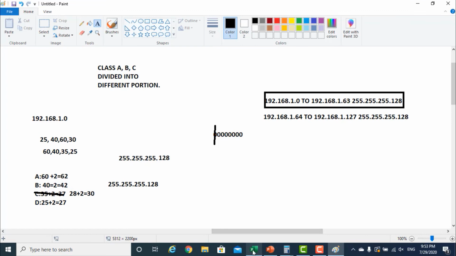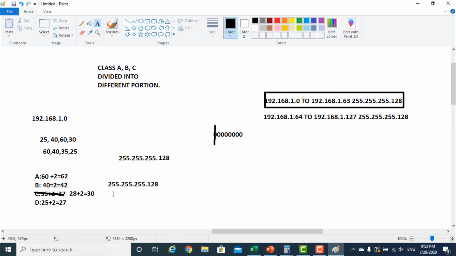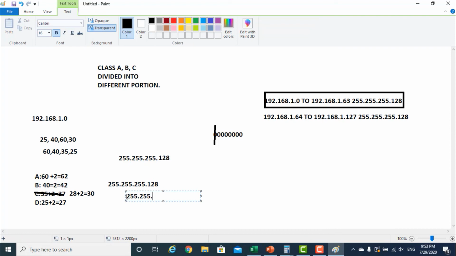Now 30 comes under 2 raised to the power of 5, so that we can do a little bit of VLSM. Otherwise the process for VLSM and FLSM is totally the same, only that here the range of IP is what matters. Okay, so let's count: 255.255.255.